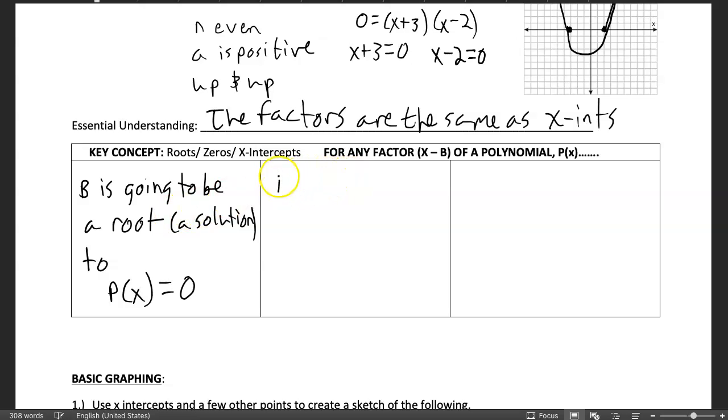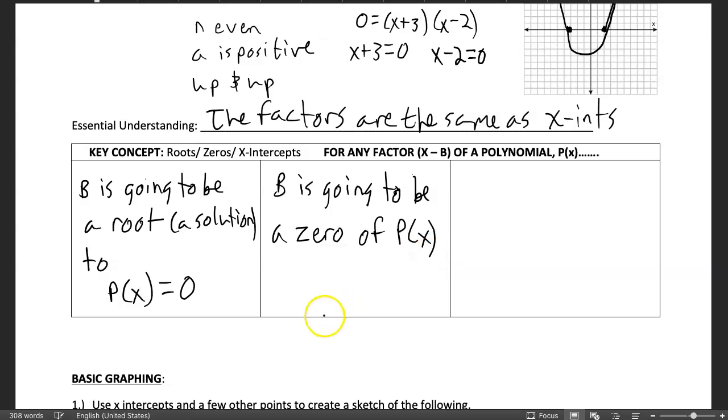What we also know is that b is going to be a 0 of this polynomial. And that b is also going to be an x-intercept.